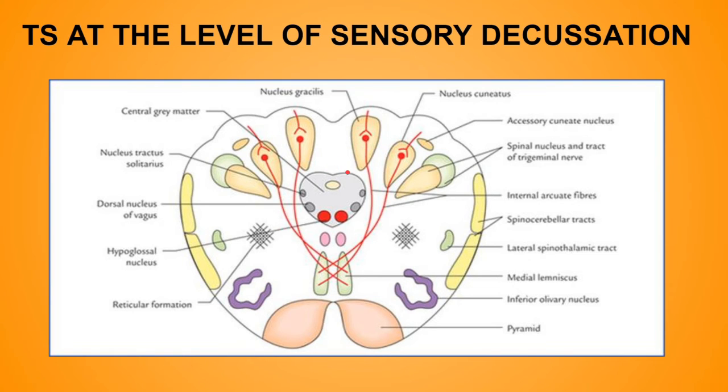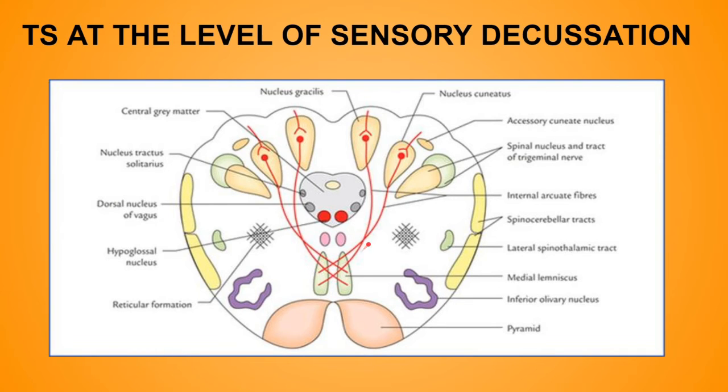These are the internal arcuate fibers, and these fibers arise from the cells of the gracile and the cuneate nuclei. They mainly course forward and medially around the central gray matter, and decussate with the corresponding fibers of the opposite side in the median plane, and then turn upwards to ascend as the medial lemnisci on the opposite side close to the median plane.